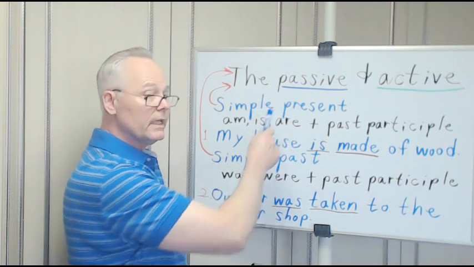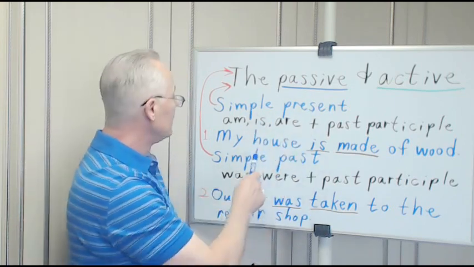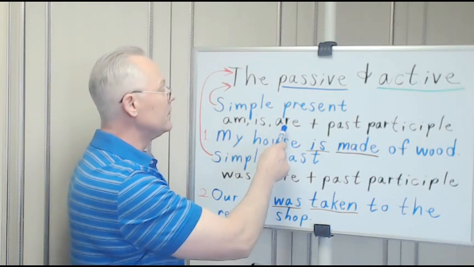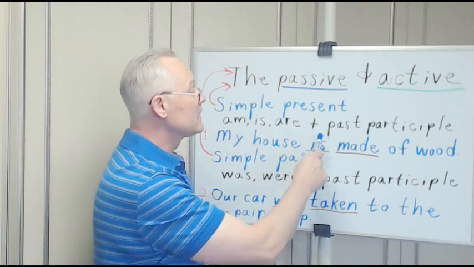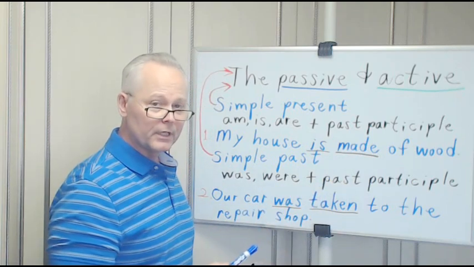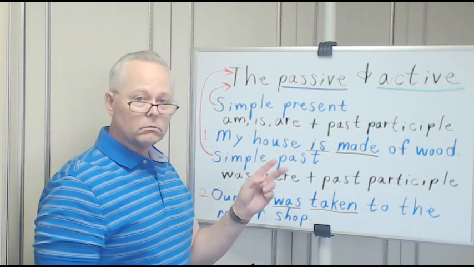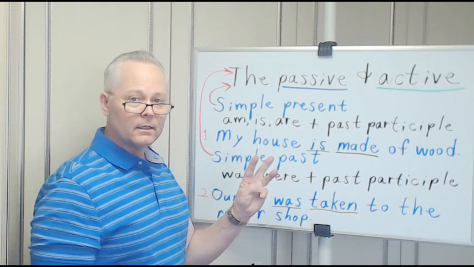Simple present. What is passive? It's the simple present, which is am, is, are, plus a past participle. Do you remember what a past participle is? Think about the word go. We have go, went, gone.